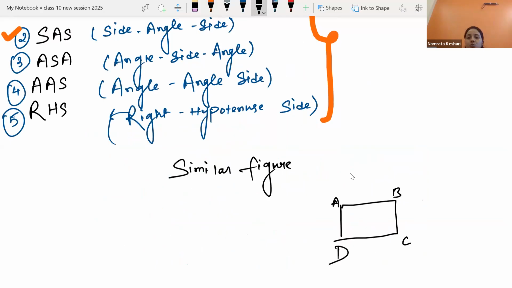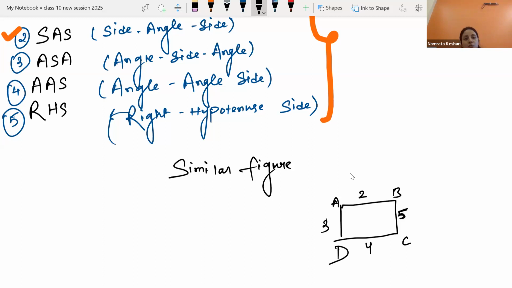AB is, let's say, 2 centimeter, BC is 5 centimeter, CD is just 4 centimeter, and AD is, let's say, 3 centimeter. This is how we are having the measurement of this quadrilateral.